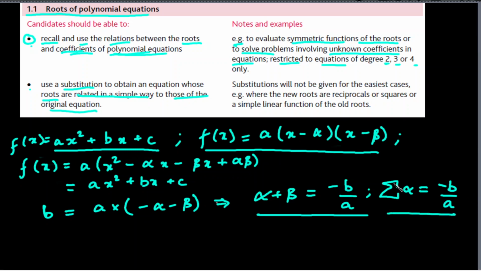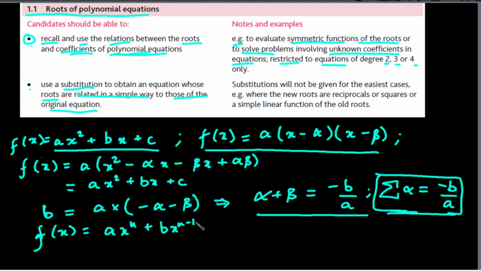And this is actually the general formula that applies to all polynomials, where a polynomial is defined by f of x equals a_n x to the n plus a_(n-1) x to the n minus 1 plus and so on, plus a_1 x to the power of 1 plus a_0, or something like that.